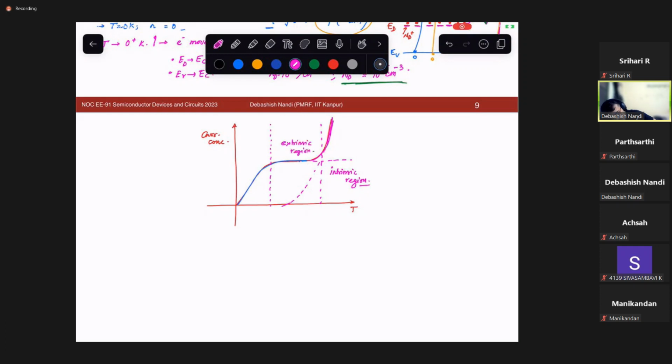By the way, can you tell me what this level is, just by mere inspection? No, this level, the y-axis level. N equal to ND. This is ND, right? N equal to ND. You are absolutely right, because all my dopant atoms are ionized. And what is this? At this place, N equal to?